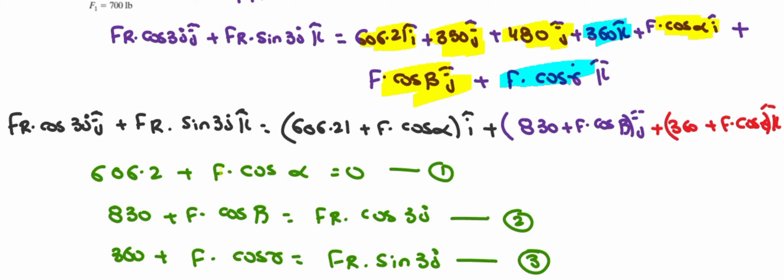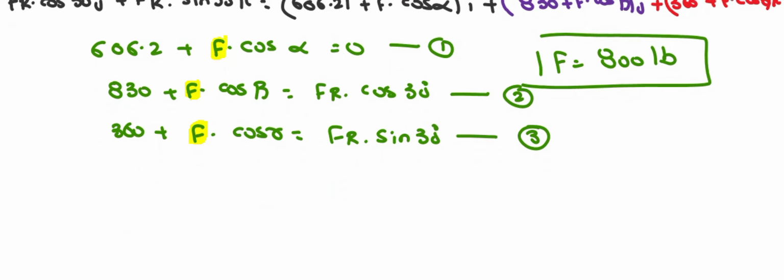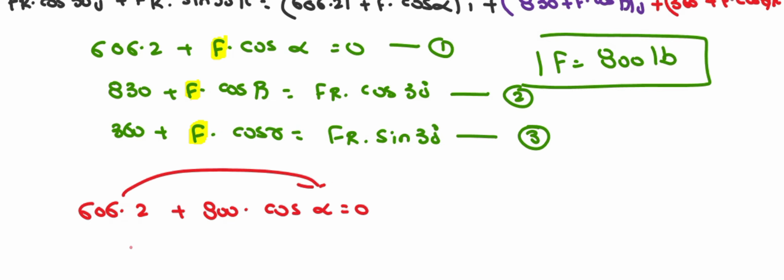Now, the F present here in equation number 1, similarly in equation number 2, and similarly in equation number 3, has the value of 800 pound. So we know the value of F here. Putting the value of F in equation number 1, we get 606.2 with positive 800 dot cos alpha, which is equal to 0. Shift 606.2 to the opposite side, so it becomes negative.